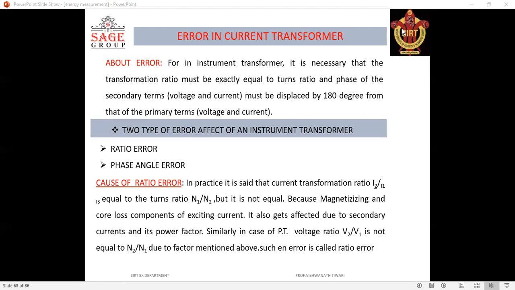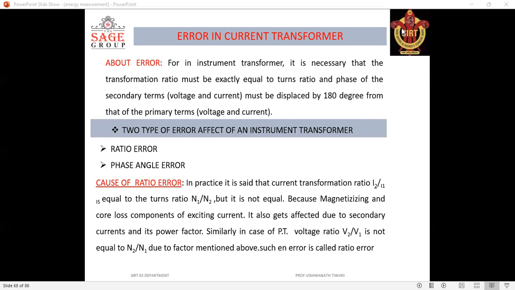Two types of errors affect instrument transformers: ratio errors and phase angle errors. In this slide, I have already defined the errors for an instrument transformer. It is necessary that the transformation ratio is equal to V1 by V2, E1 by E2, equal to N1 by N2, equal to V1 by V2, equal to I2 by I1.